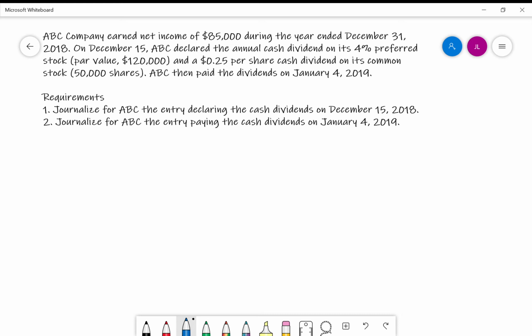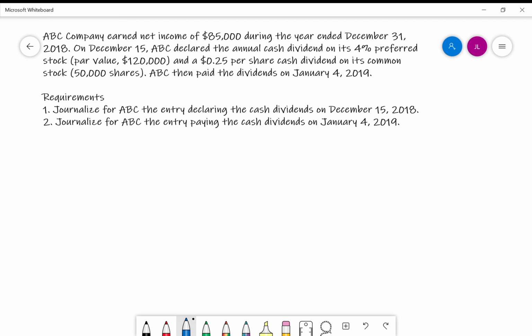They declared it on December 15th and then paid it on January 4th of the next year. So what we've got to do here is journalize the entry declaring the cash dividends and then journalize the entry paying the cash dividends.